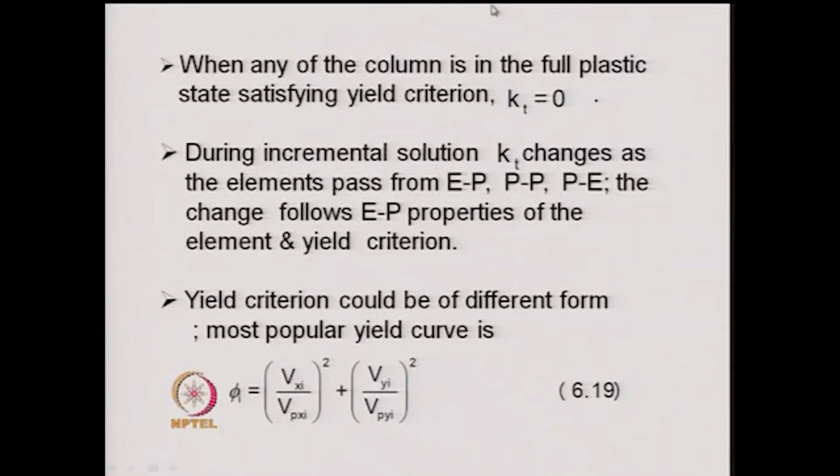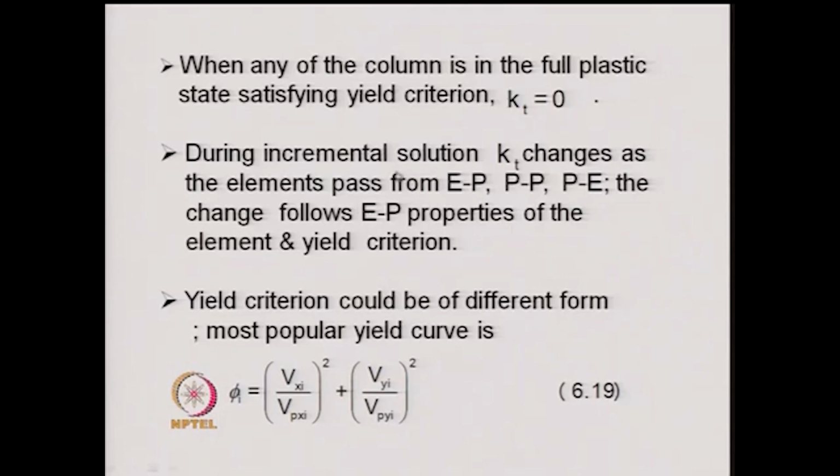Now, if any column happens to have gone into the plastic state, satisfying the yield criterion, then for that particular element we consider Kt to be equal to 0. Now, during the incremental solution, the Kt changes, that is for a particular element, the stiffness changes as the elements pass from elastic to plastic, plastic to plastic, or plastic to elastic, the way we discussed in the case of the single degree of freedom system.